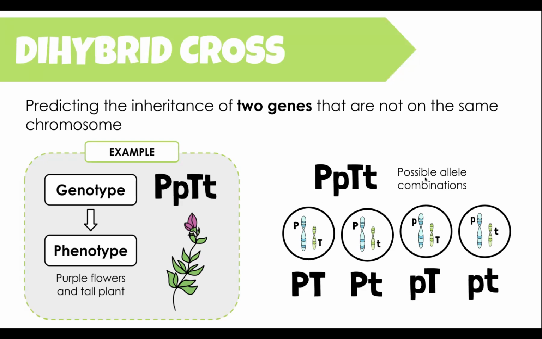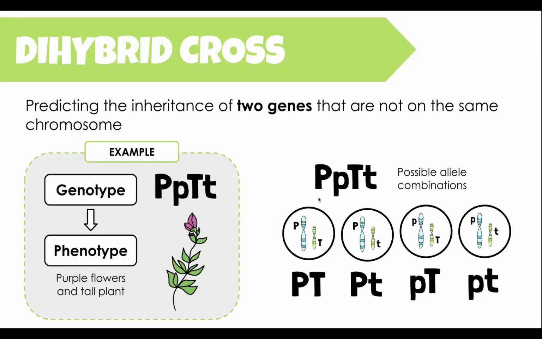If I take that genotype, here again are all the possible combinations of the alleles for each trait that this individual would create during meiosis. So how do we quickly come up with the different allele combinations?